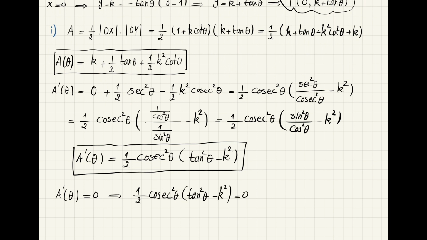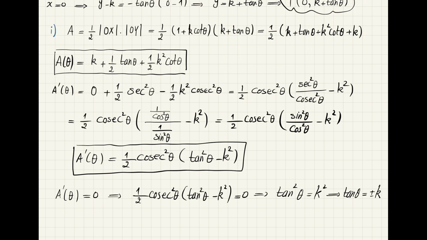Okay, but you see that cosecant to the 2 of theta is never 0, so it means that this term has to be equal to 0. So that implies that tangent to the 2 theta is actually equal to k squared, and it means that tangent of theta is either positive k or negative k.